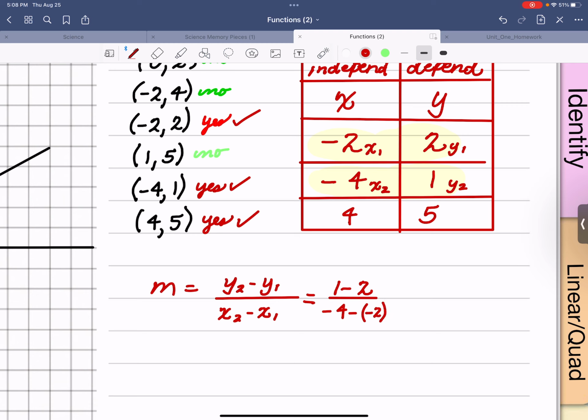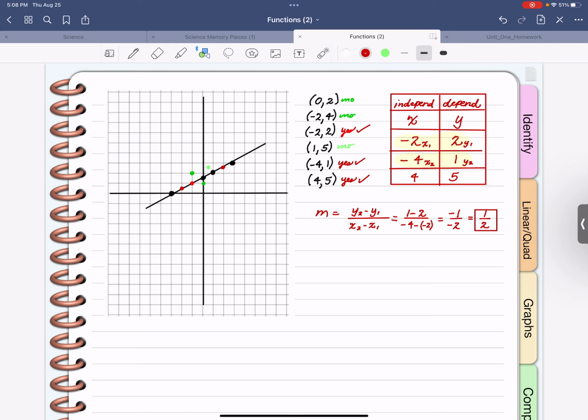I just look up there, and there they are. So we end up with a -1 over -4 plus 2 is -2. So that slope is a positive 1/2. And that's consistent with what I see. Remember I told you that it's not a very steep slope? It's definitely going in the positive direction, but it's not going there very fast.